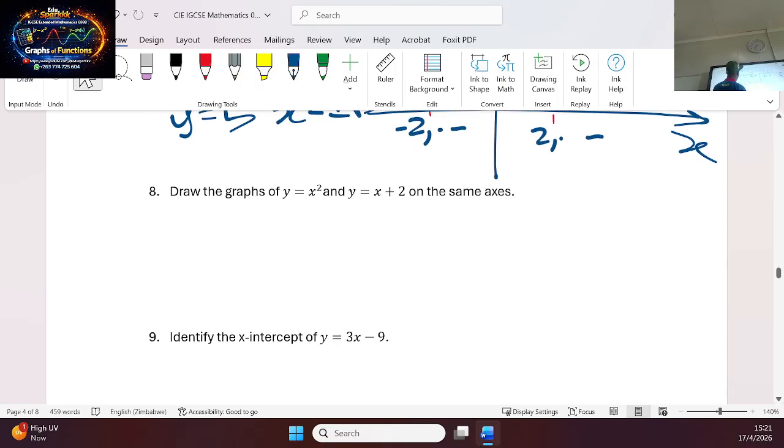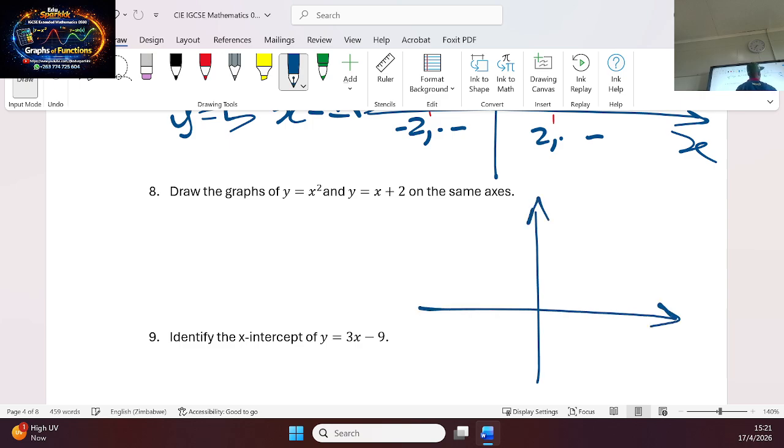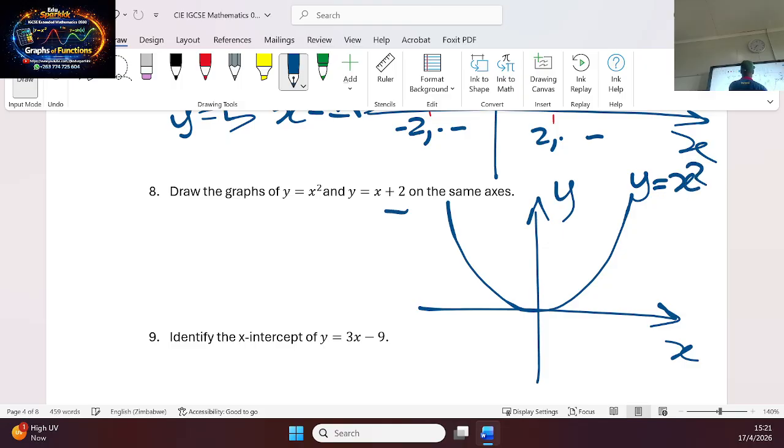Now draw the graphs of y equal to x squared and y equal to x plus 2 on the same set of axes. So what we'll do is with x squared, I'm sure we are now familiar with it. It's just a curve passing through the origin and is symmetrical. But with this one here, we have got a gradient of 1. But now one thing we know is the graph of y equal to x squared is a curve which passes through the origin.